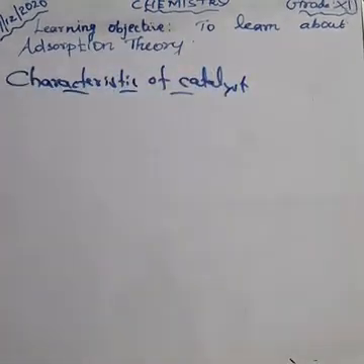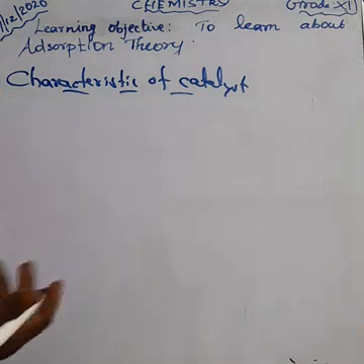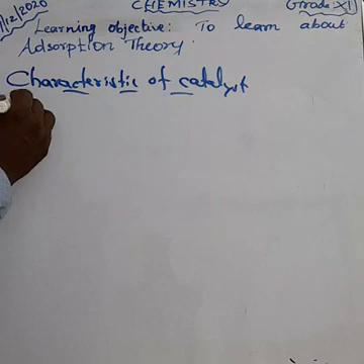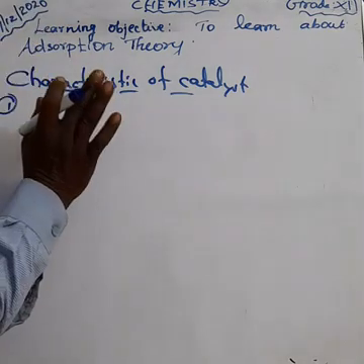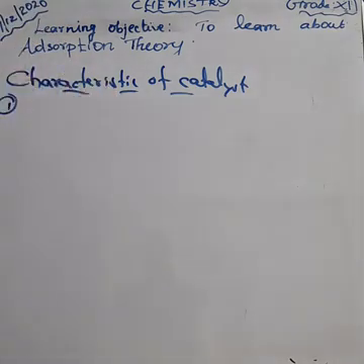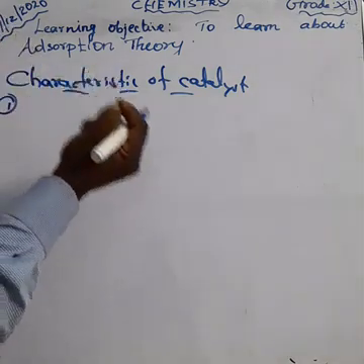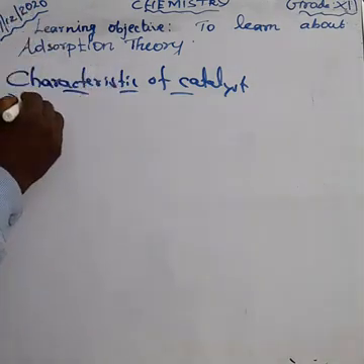I think we have more than 7 points, so we should learn all the points. Here, what are the characteristics of catalyst? For a chemical reaction, a catalyst is needed only in a small quantity. Don't forget that.